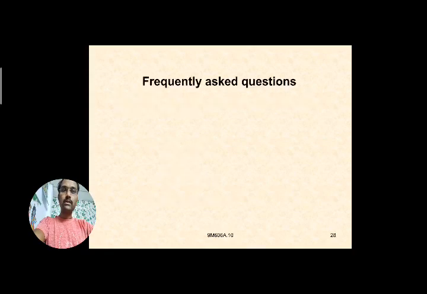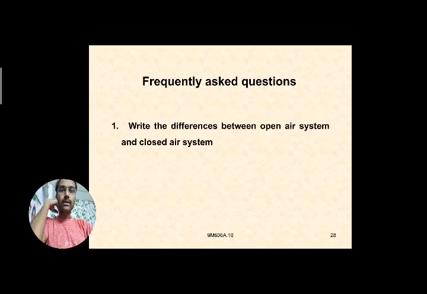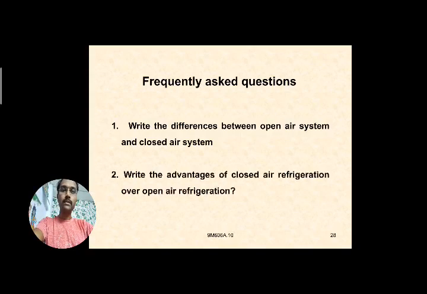Okay, so you can see some frequently asked questions regarding the topics discussed, right? Like this, they may ask to explain the closed air refrigeration system with the help of a neat sketch, or they may ask a question like this: write the differences between open air system and closed air system.